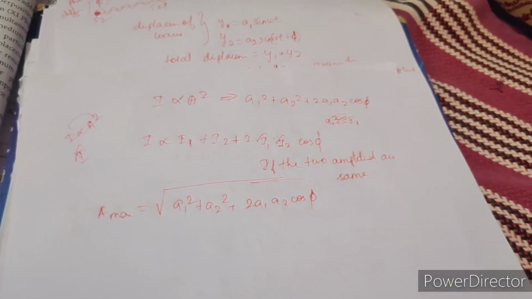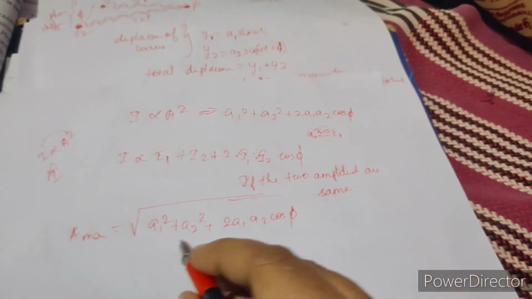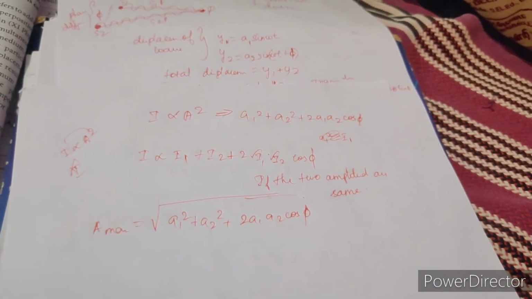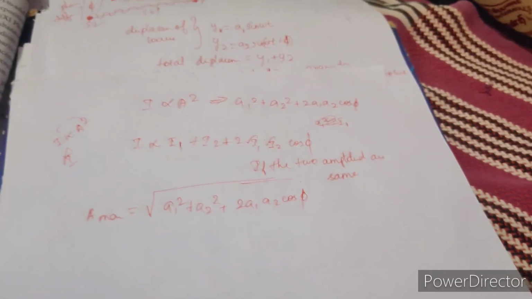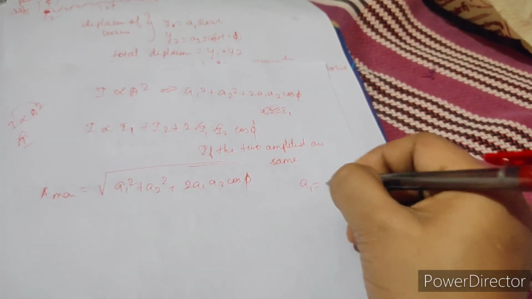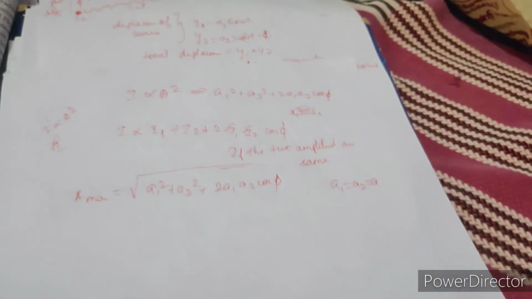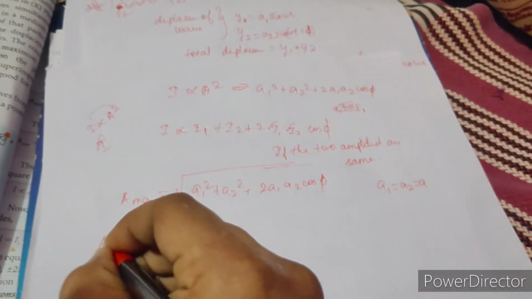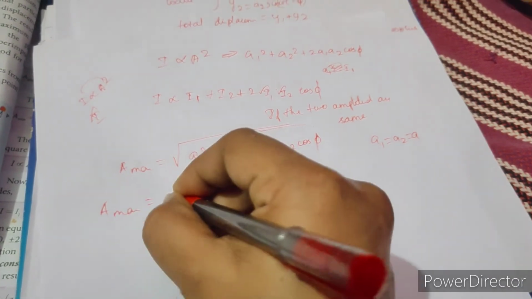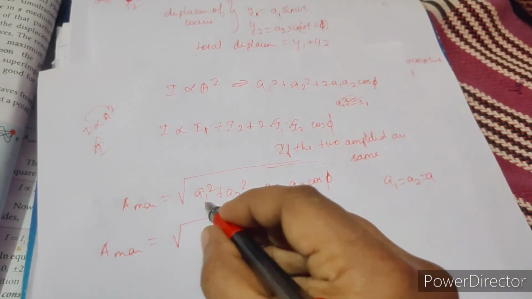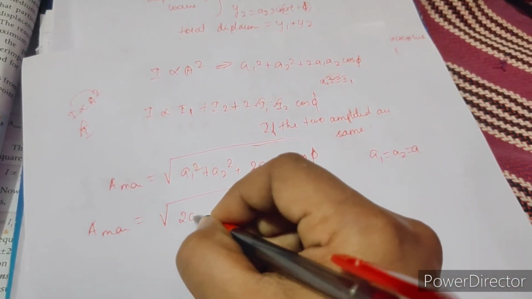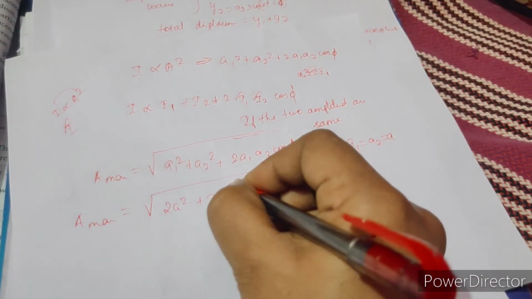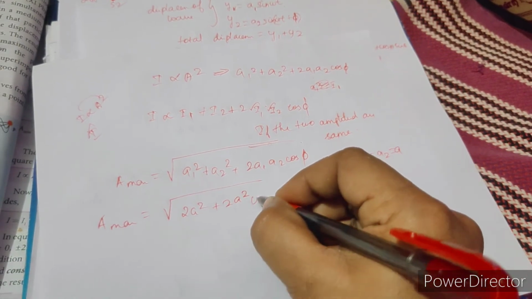If the two amplitudes are same, I'll take A1 is equal to A2 is equal to A. Okay, I'm going to take that as A. So A maximum is equal to root of, here one A, here one A, so 2A square plus here A1 A2, so 2A square and the remaining cos phi.